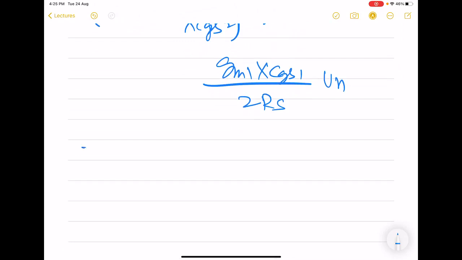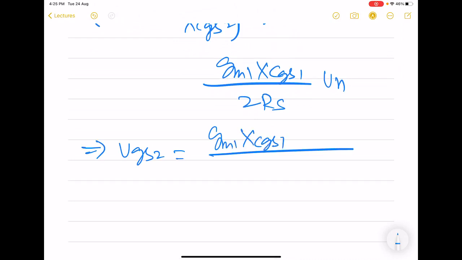From here we can find out VGS2 as GM1 XCGS1 Vn divided by 2RS into GM2 plus 1 by XCGS2.